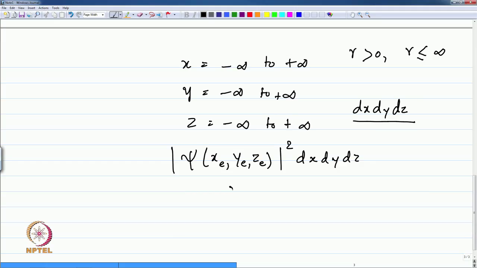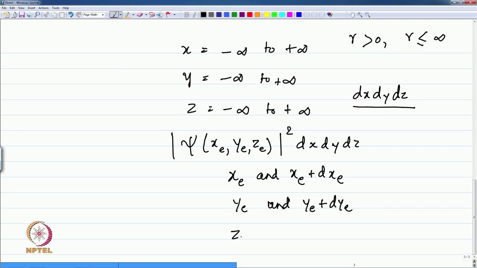in the region, or in the cube, between xe and xe plus dxe, ye and ye plus dye, and ze and ze plus dze. This is the three-dimensional Cartesian coordinate representation for the hydrogen electron problem, the nucleus-electron problem.